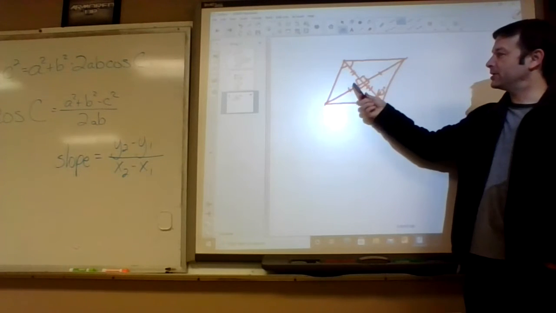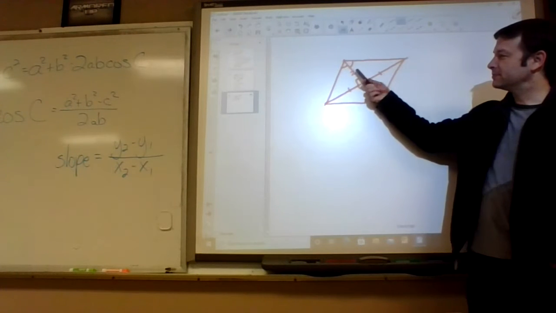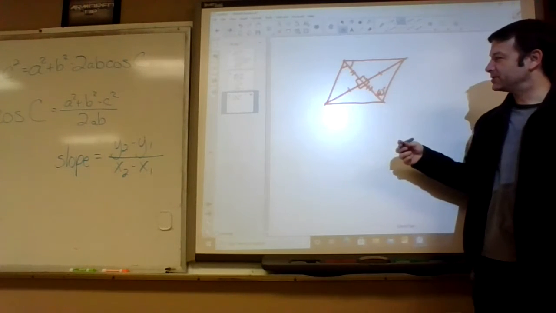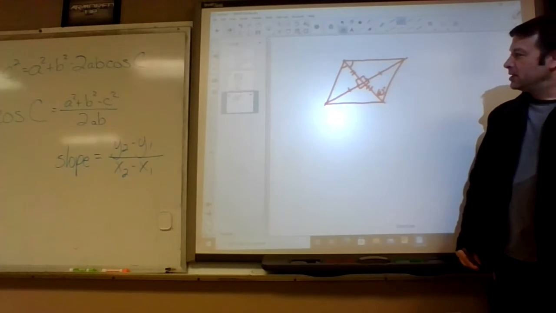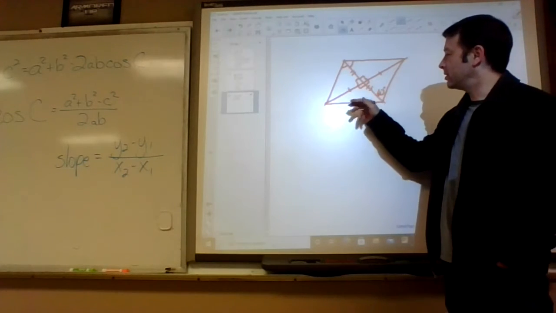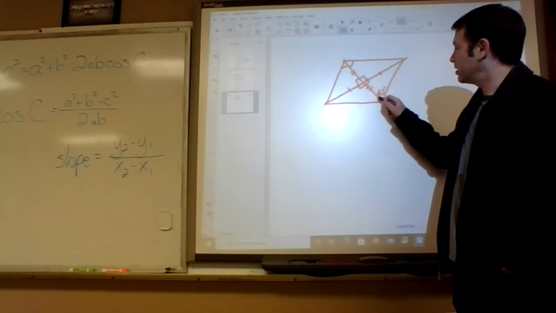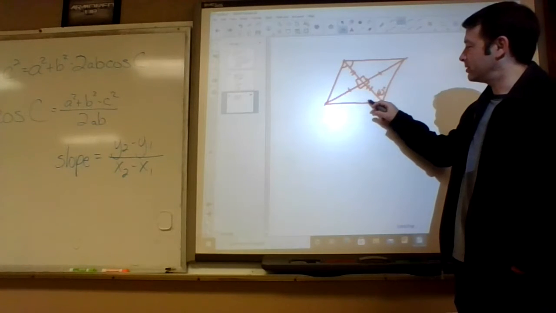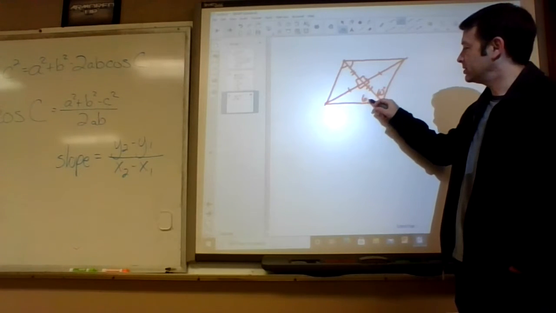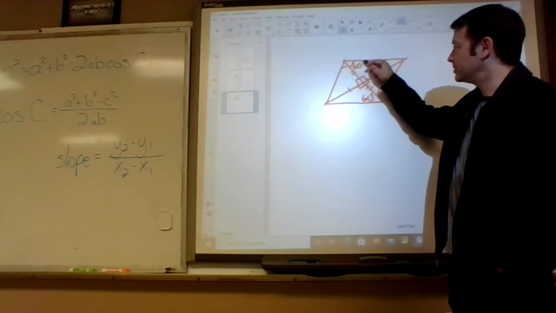Do you guys know how I know that? Side angle side. They all have the same side, angle, side. Also angle side angle. Okay. So if this is 60 right here, what's this angle going to be? 60. And these two, because they're alternate interiors, are also 60.